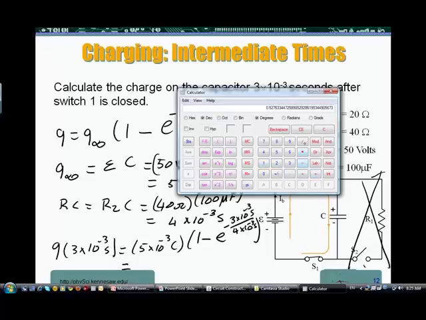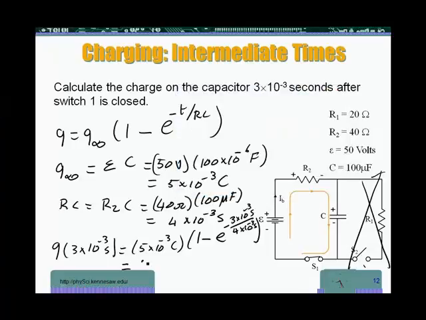And we multiply that by 5. So our answer is 2.6 × 10⁻³ coulombs.